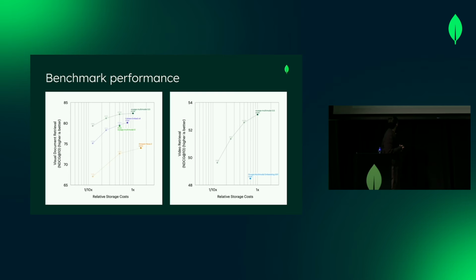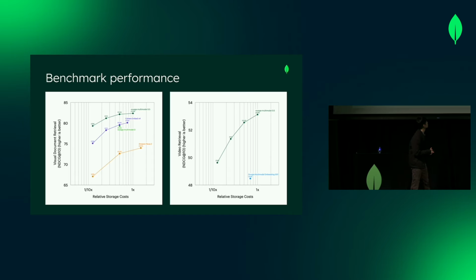Now, how this reflects in the benchmarks is that you can see here on the same task, if we use 256 dimension embeddings instead of the native 2048, so this is an 8x reduction in storage cost, we're still outperforming the latest models and our previous generation Voyage Multimodal 3.